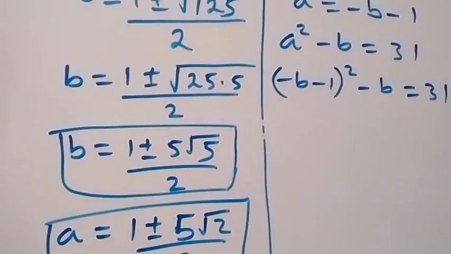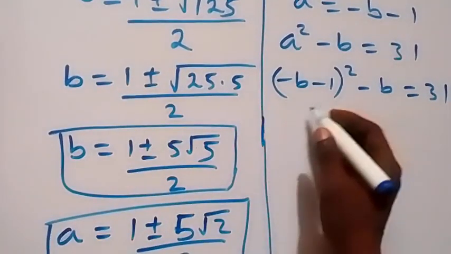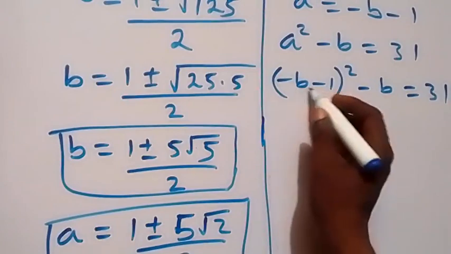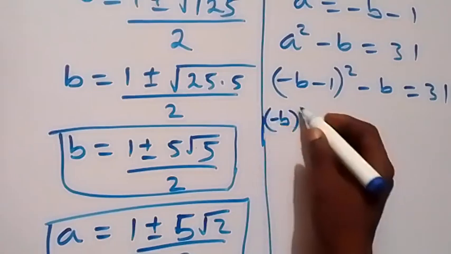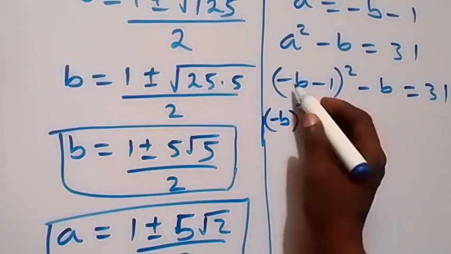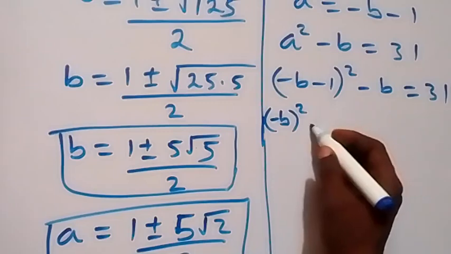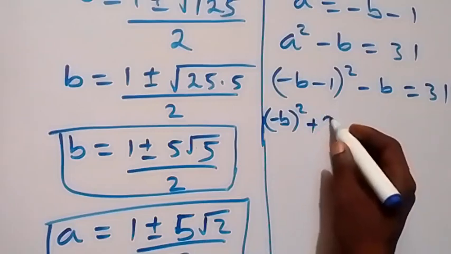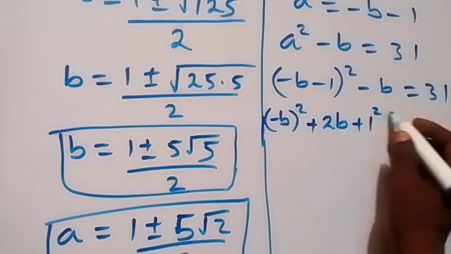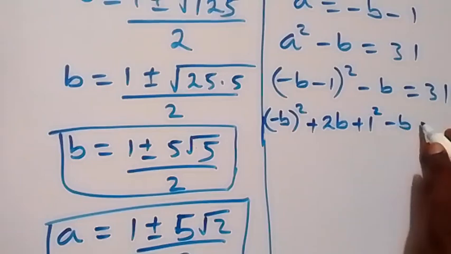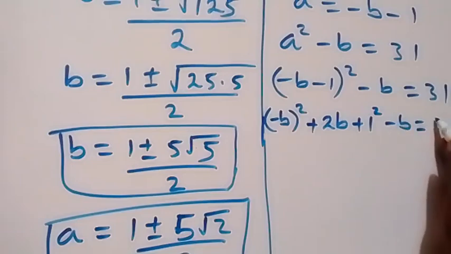Then when we expand here, this becomes minus B squared, which will still be B squared. Then here we have 2 times minus B times minus 1 becomes plus 2B, then plus 1 squared, then minus B, then equals 31 from here.